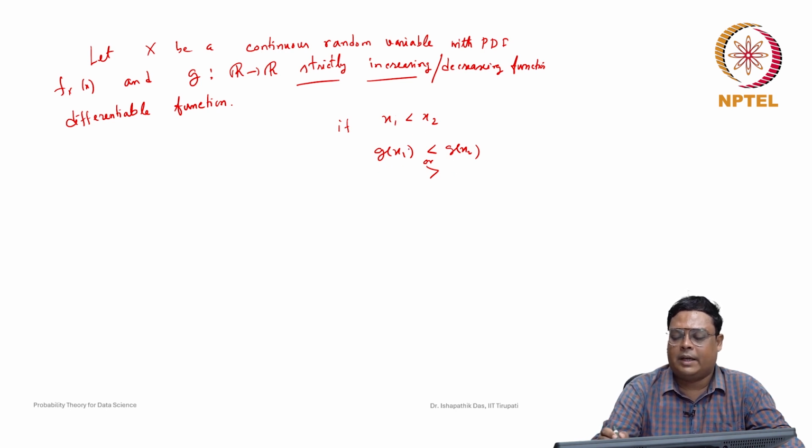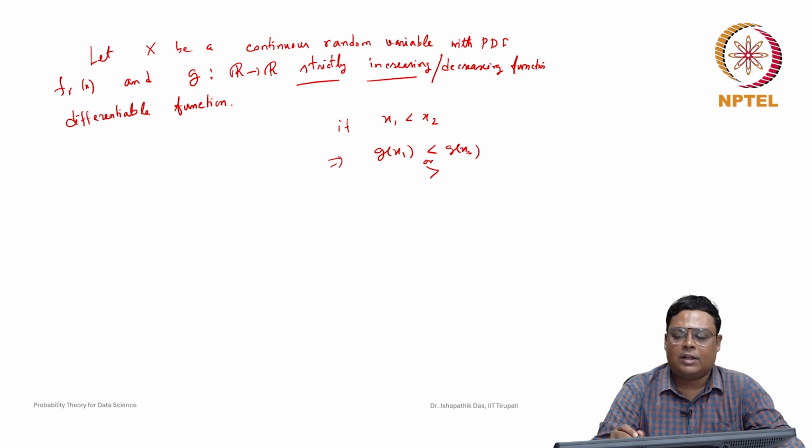So basically it will not be less than or equal to. Usually we say that an increasing function means x1 less than x2 implies g(x1) is less than or equal to g(x2), or a decreasing function means g(x1) is greater than or equal to g(x2). But it is strictly, that's why g(x1) has to be strictly greater than g(x2).